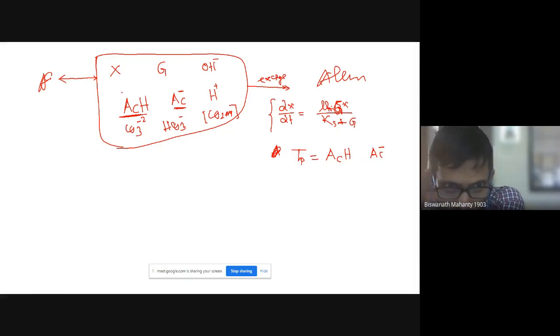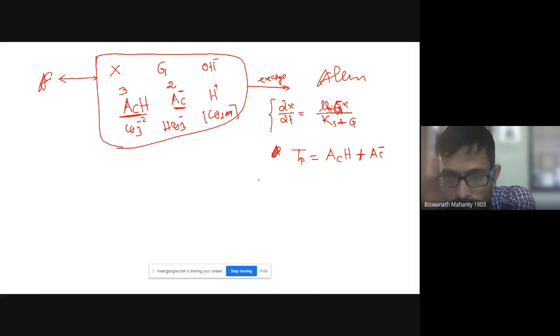So if I am getting 3 mole of acetic acid and 2 mole of acetate, that means till now the microorganism has produced 5 mole of acetic acid. Currently I am having 3 acetic acid and 2 has been broken down. So whenever I say acetic acid plus acetate, that is actually total product.